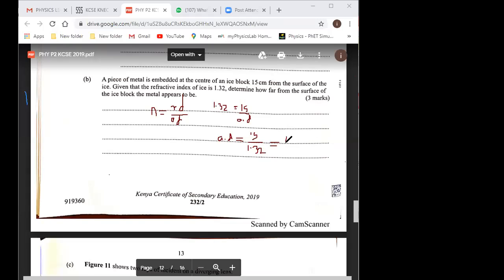So our final answer is 11.36 centimeters. That becomes our answer to that question. We can now move to the next one.